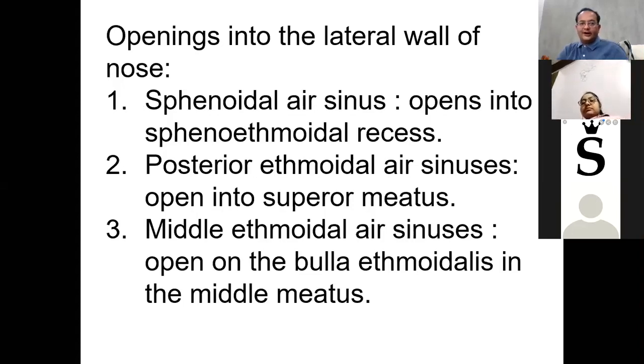Sphenoidal air sinus opens into the sphenoethmoidal recess. Posterior ethmoidal air sinus opens in the superior meatus. Middle ethmoidal air sinuses open on the bulla ethmoidalis in the middle meatus.